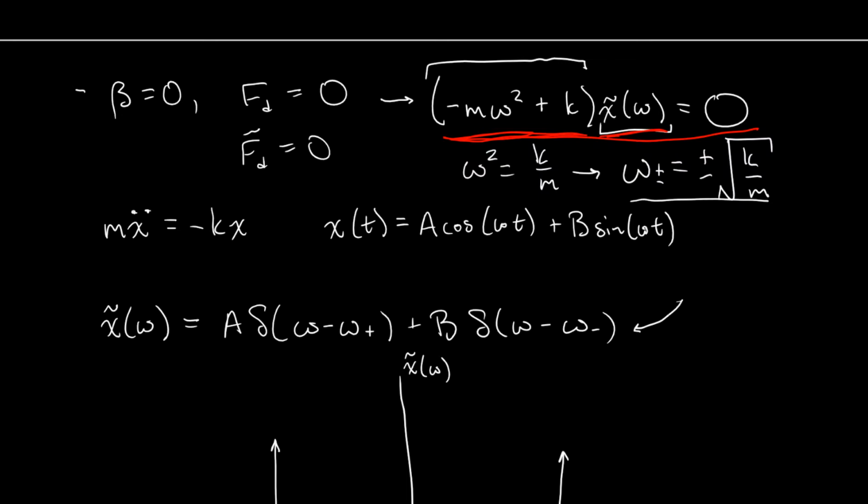So x should be some function of omega, but I can't make omega arbitrary, right? Because it has to satisfy this. I have to pick out those 2 values, and the way to do that is just with the Dirac delta function. Hopefully that makes sense.